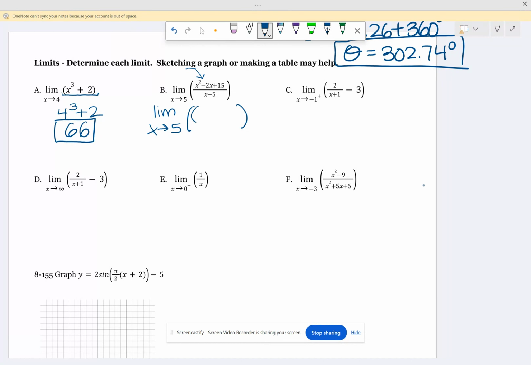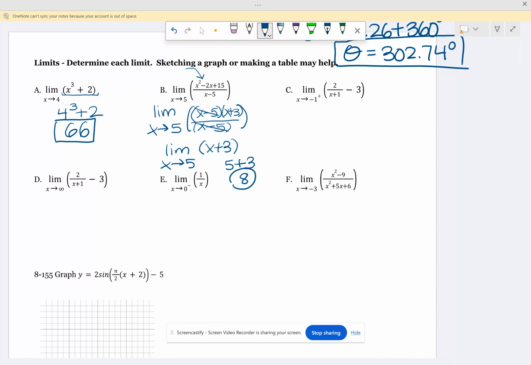So we need x minus 5 and x plus 3, all divided by x minus 5. And if you remember from this step, we see that x minus 5 and x minus 5 simplify and they divide to give us 1. So we're simply left with a limit of x plus 3 as x approaches 5, which means we'll just take 5 plus 3, and that gives us 8.